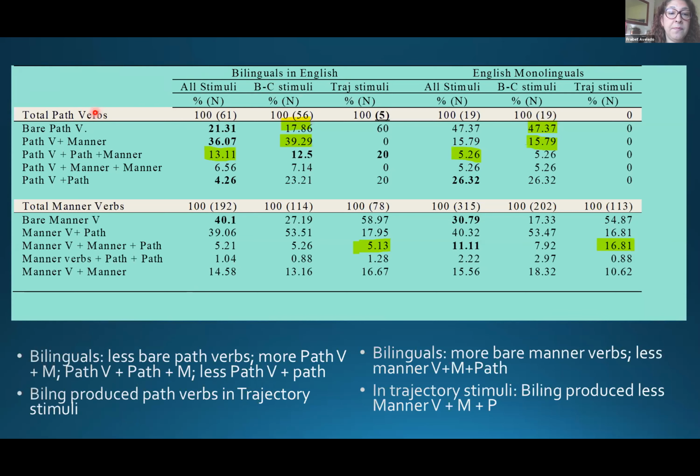And here we have that the participants, the bilinguals in English, produced 62 sentences that were headed by a main past verb. From these 62, 21% were bare past verbs, 36% were past verbs together with manner, so another manner in the sentence.